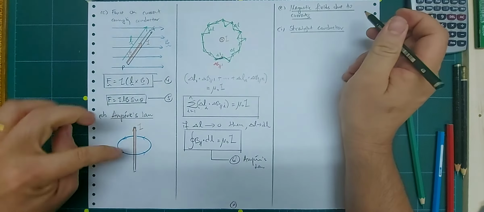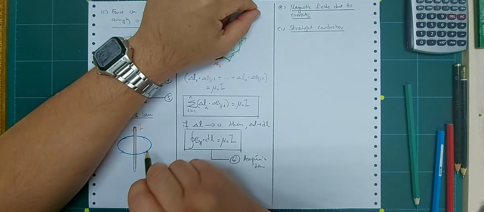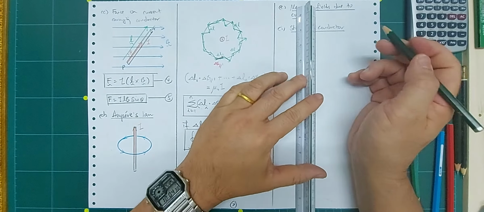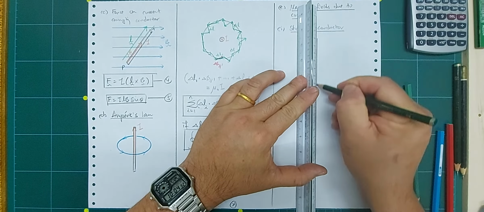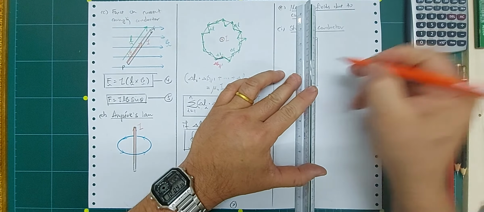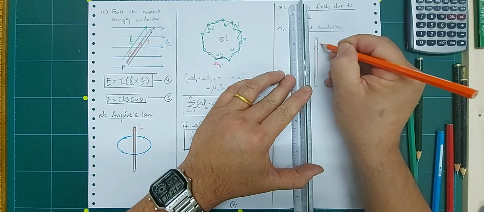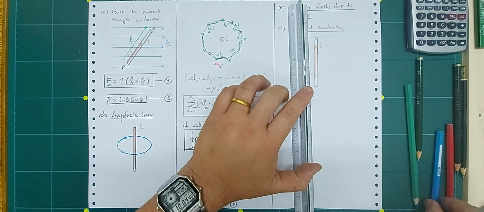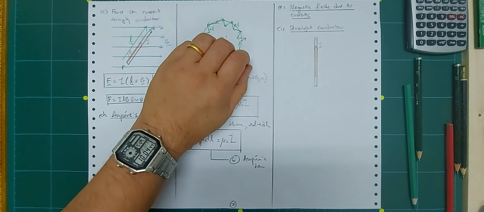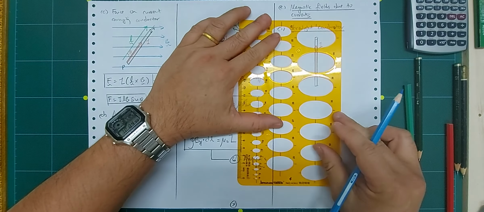So actually something like this. We want to calculate how strong is a magnetic field when you are at a certain distance from the conductor. Again, we assume that this is a conductor carrying a current I, and then we have a magnetic field around.